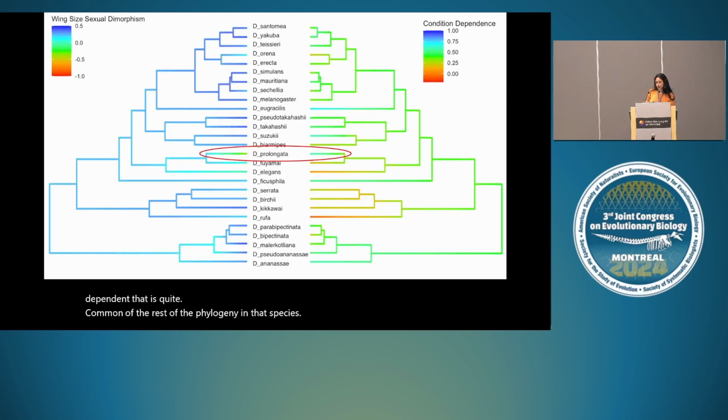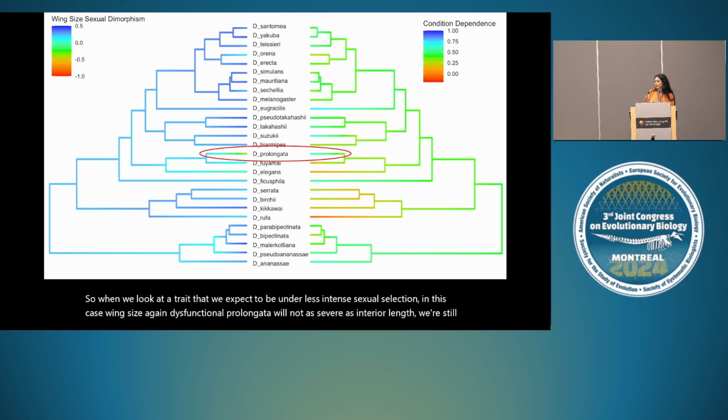And when we look at a trait that we expect to be under less intense sexual selection, in this case wing size, Drosophila prolongata is not as severe as in tibia length, but we're still seeing this unique male-biased size dimorphism. And when we look at the condition dependence again, we're seeing moderate condition dependence that is common across the phylogeny.